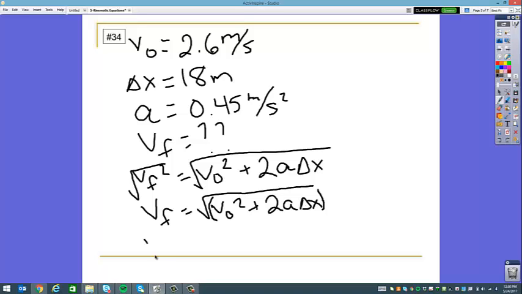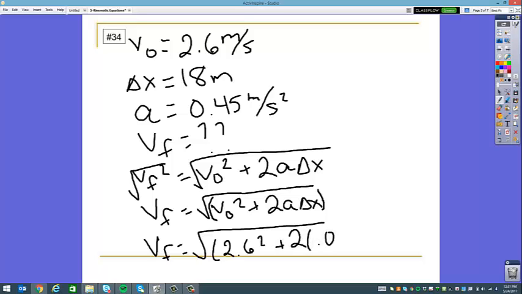Okay, so then plug it in. VF equals the square root of 2.6 squared plus 2 times my acceleration, 0.45, times my displacement, which is 18.